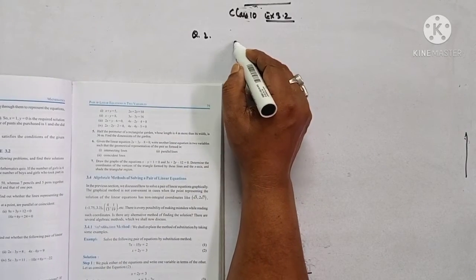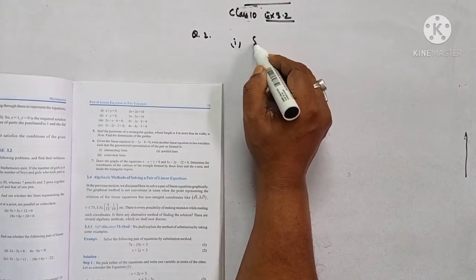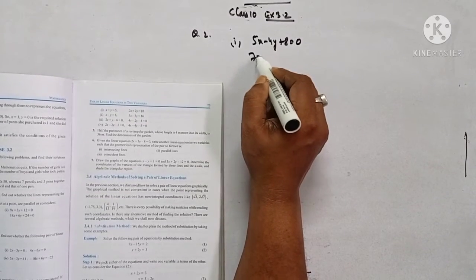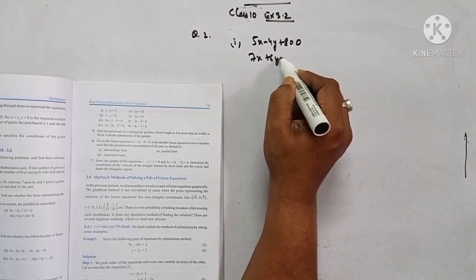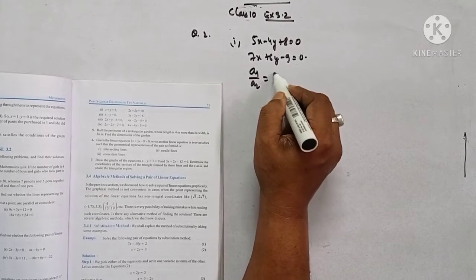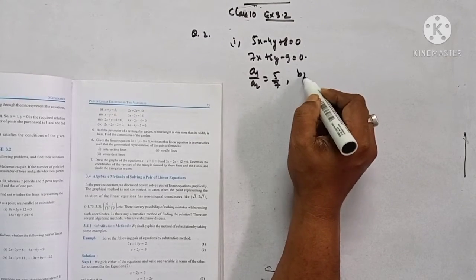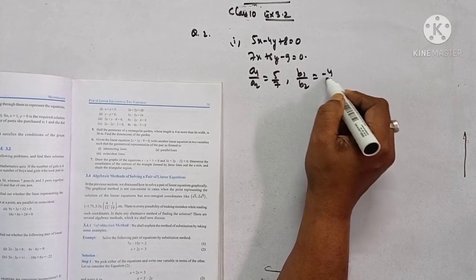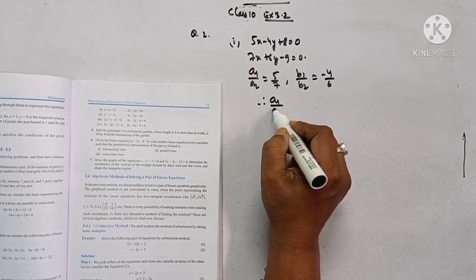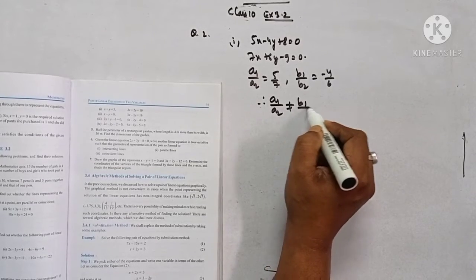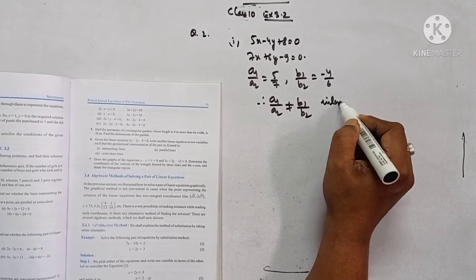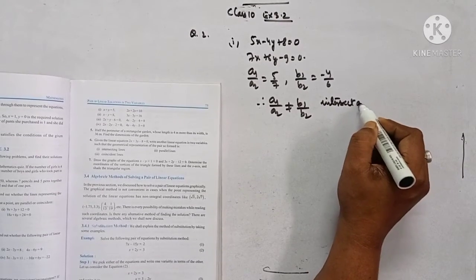First: 5x minus 4y plus 8 equal to 0, and 7x plus 6y minus 9 equal to 0. Here a1 by a2 is 5 by 7, and b1 by b2 is minus 4 by 6. So a1 by a2 is not equal to b1 by b2, so they will intersect at a point.